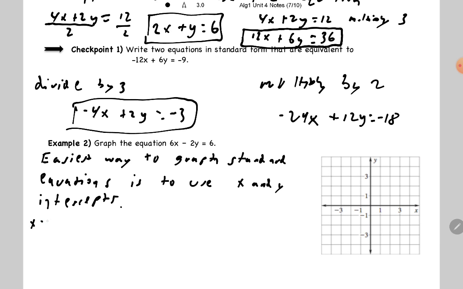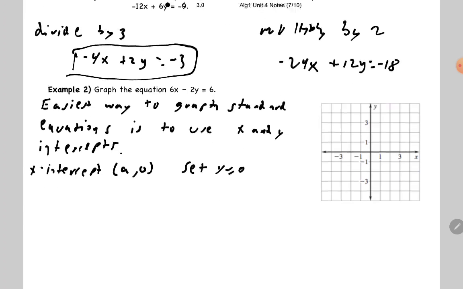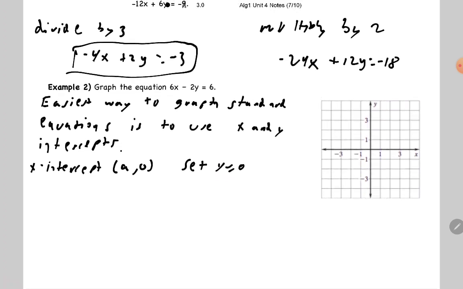So first let's do the x-intercept. X-intercept is where it crosses the x-axis. Okay, so that's a comma 0, so it's where y equals 0. So set y equal to 0, and we'll get 6x minus 2 times 0 equals 6.